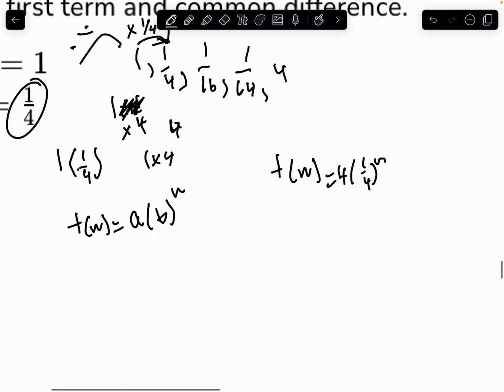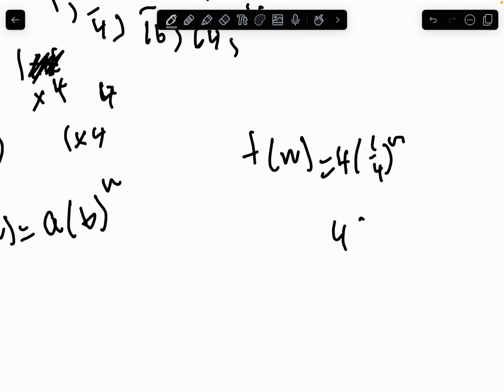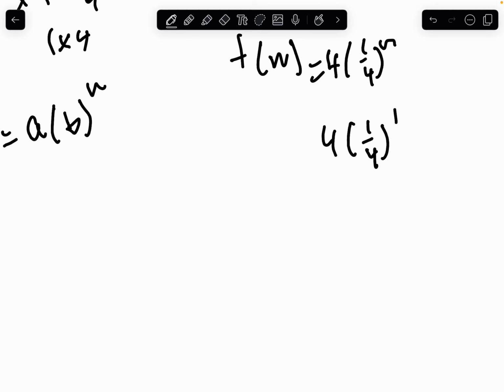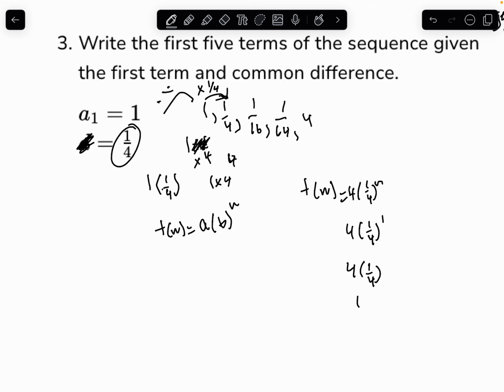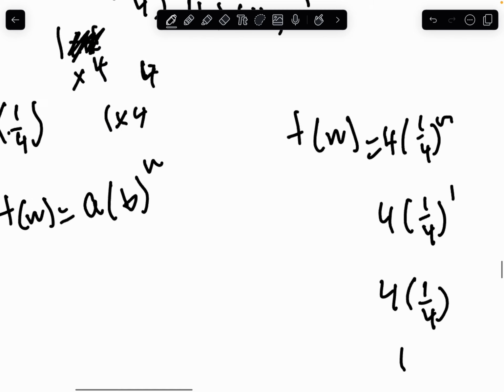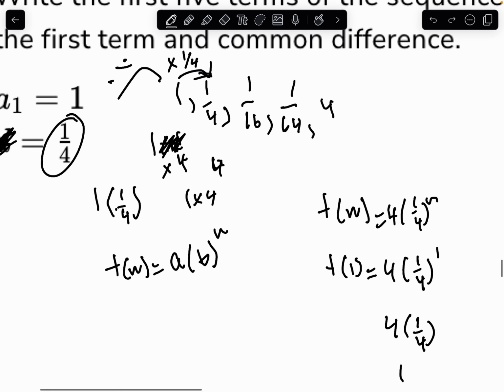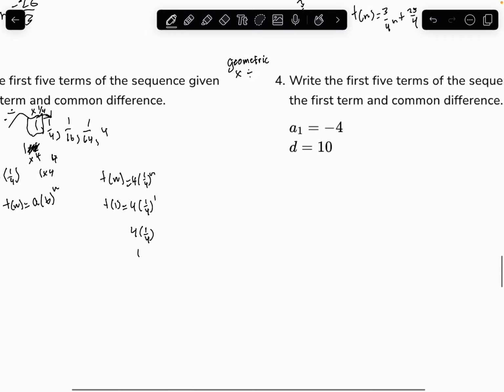Now I know this is right, because if we have 4 times 1/4 to the 1, it's going to be 1/4 times 4, right? Because 1/4 to the first power is 1/4, and 1/4 times 4 is 1. So we plugged in 1 for n, T of 1, so we're trying to find the first term. This is how they'd formally write it. And in our sequence, our first term number is 1. So that's how I know it's right.